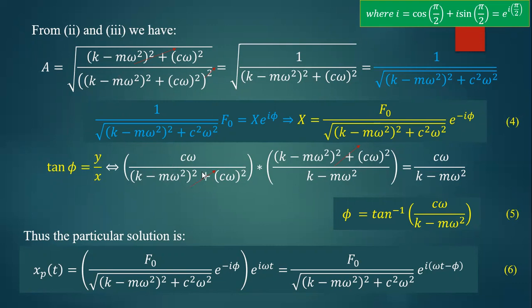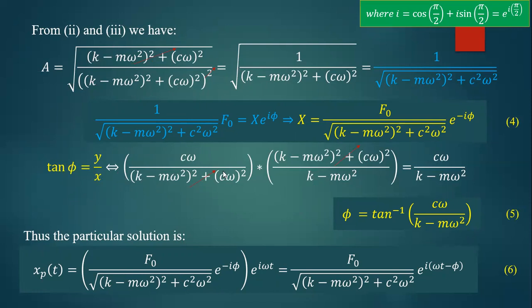using the reciprocal representation. We directly take cw, this is the y component according to our representation, and this k minus m omega square is the x component. So this is y and this is x.